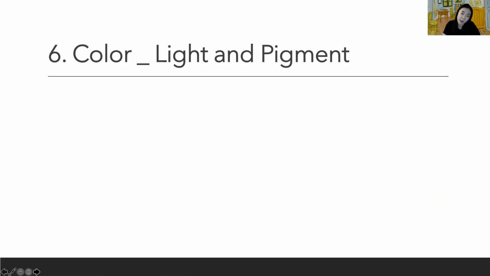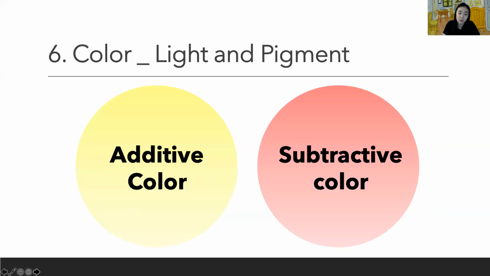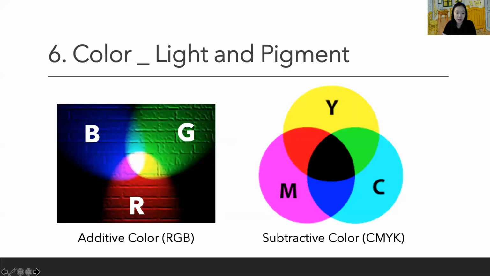And there are 2 ways to see colors, by light and pigment. One is additive color, and the other one is subtractive color. Let's see what these are. Additive color, or RGB color, means R is red, G is green, and B is blue.